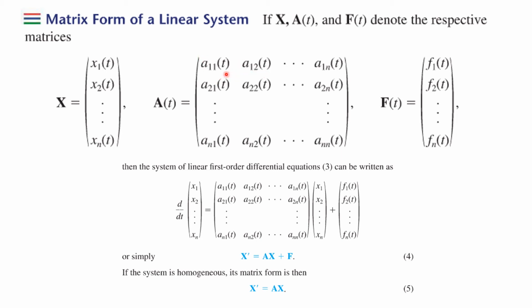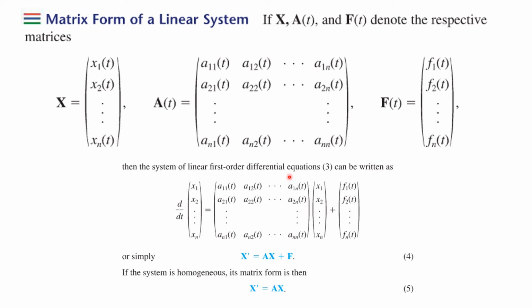So this is first row, first column; first row, second column; first row, nth column; second row, first column; second row, second column; second row, nth column. This is going to be nth row, first column; nth row, second column; nth row, nth column. And then I have an f of t, which is going to be a column vector again, which represents what will probably be my right-hand side, or at least we used to have it be a right-hand side.